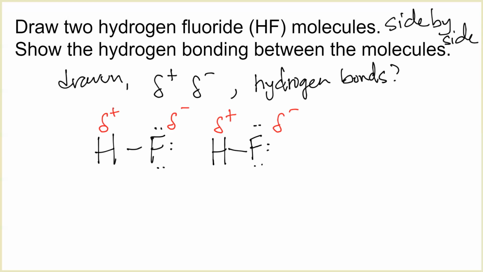And we're going to draw our hydrogen bonding. Jack, where do you think we should put our hydrogen bond? FH, the other one, good, different molecules. So we're going to stick it right here. So that is our hydrogen bond.